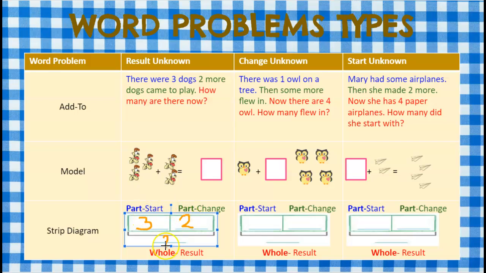This part and this part make a total, a whole. Okay, so then we count 3 plus 2 more is 5. So that means that my missing number is 5, or my total is 5. So now we know that there are a total of 5 dogs playing.